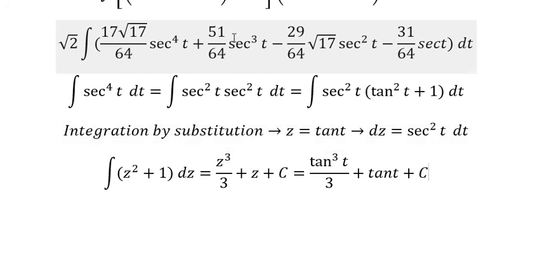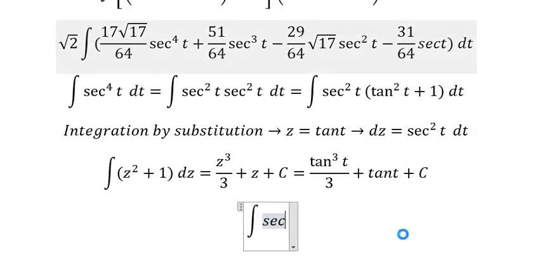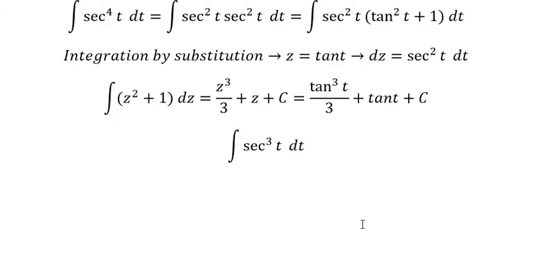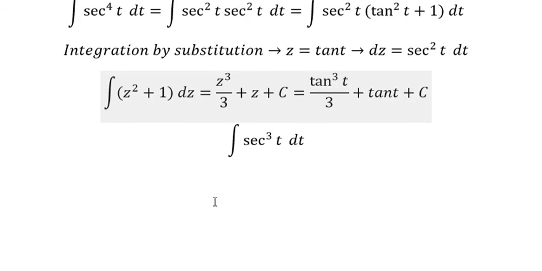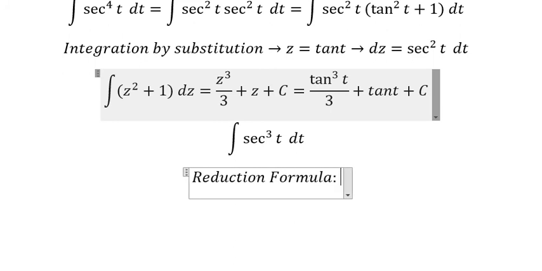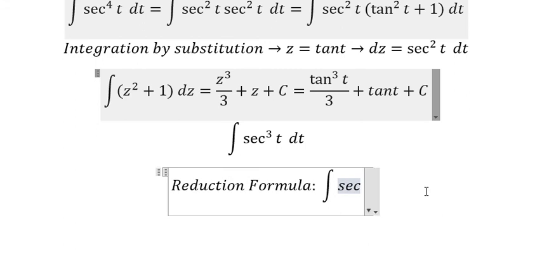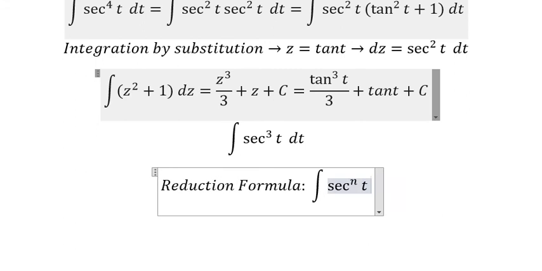Now let's go to this one. We can use the reduction formula. That should be the integral of secant of t to the power of n dt.